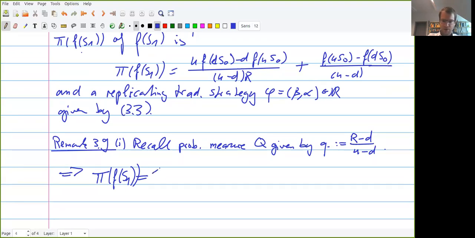So we pull out the 1 over R. So that's what we do here.